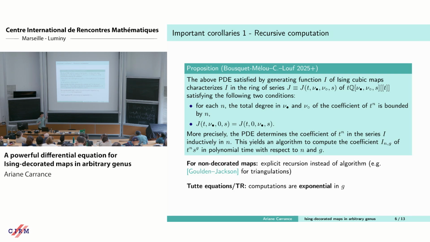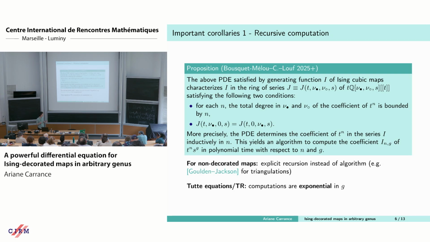So I mentioned before that with Tutte-like equations or topological recursion, you also get a way to compute the coefficients of this generating series, but they're exponential in the genus, so in practice you have to stop very quickly, while our algorithm is polynomial, so it's much more efficient.